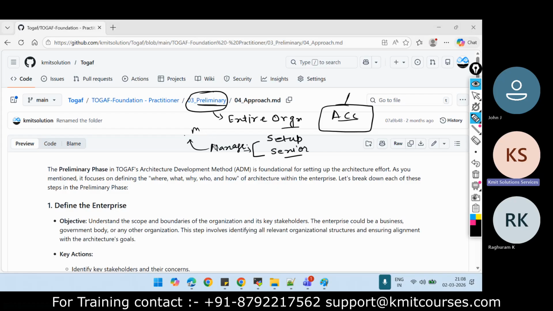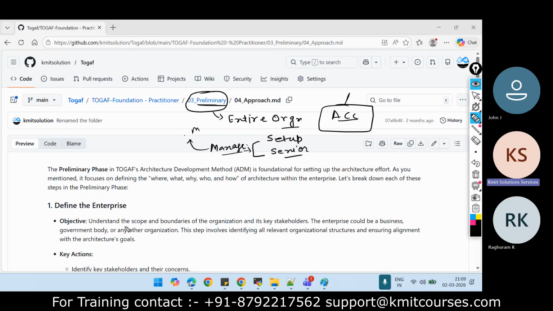If the mail comes from that level, it means we need to take it seriously. You won't say, I will only follow whatever my manager is saying. So the preliminary phase is always the entire organization point of view.